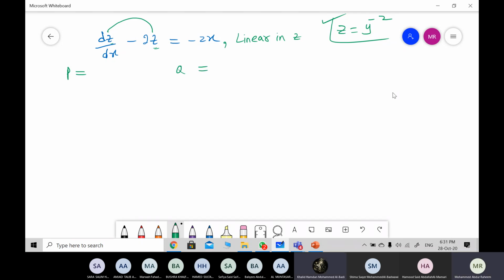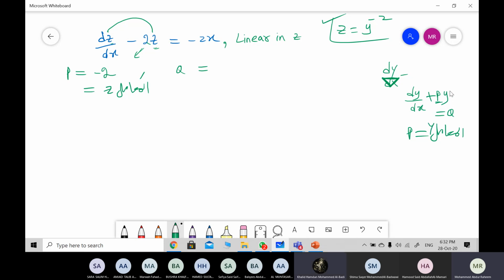P is minus 2. The coefficient of Z. Here how much is P? Here it was linear in Y, so the coefficient was of Y. Now linear in Z, so the coefficient of Z is minus 2.